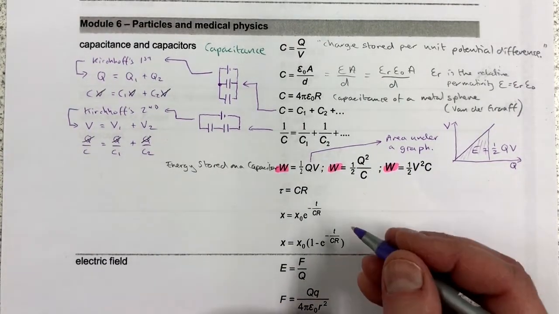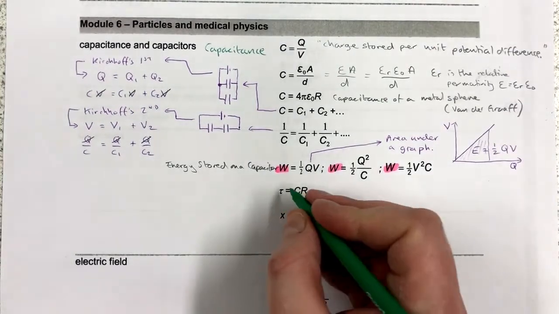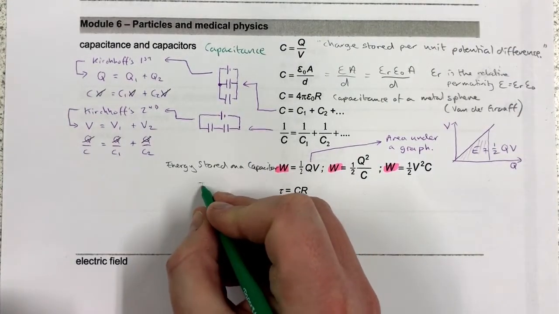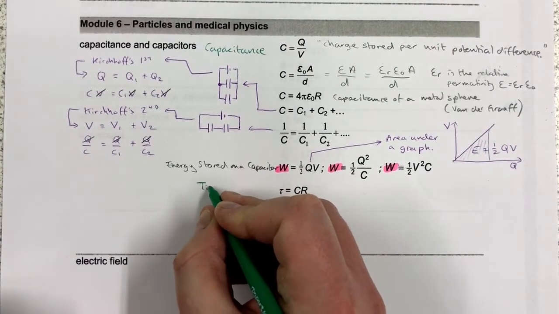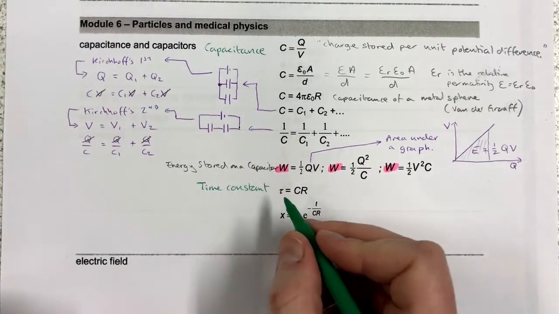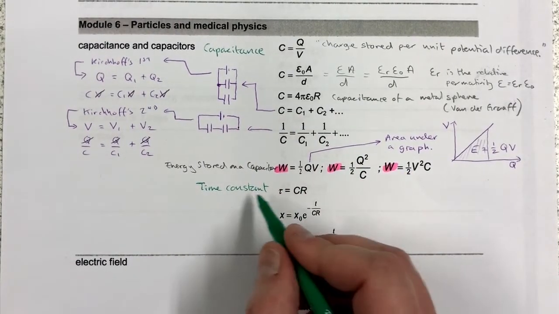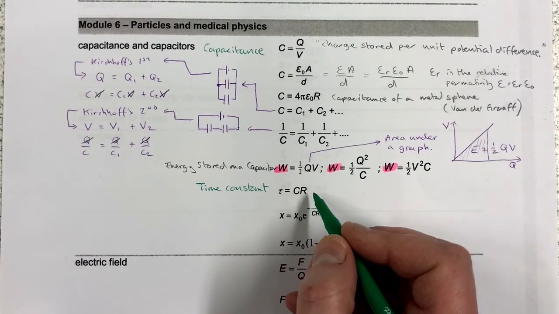Next we have a definition, and that definition would be for time constant, a common definition you get asked. I'm going to write time constant, but usually they say time constant for a capacitor resistor circuit.